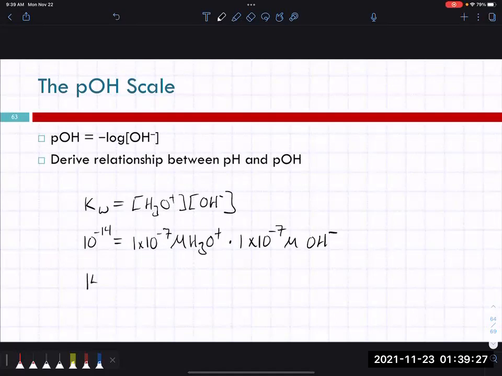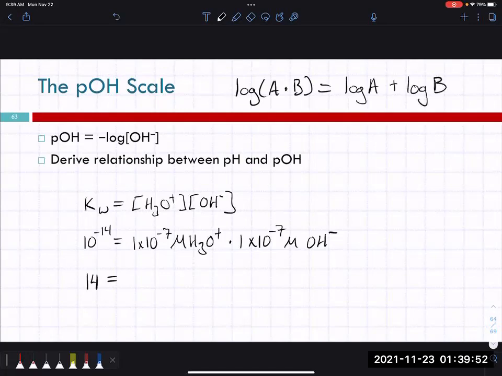And this is going to be 14 is equal to, and this is a rule of logarithms: if you take the log of A times B, that's equal to the log of A plus the log of B. So here, if I take the logarithm of this whole thing, we'll get 7 pH plus 7 pOH.